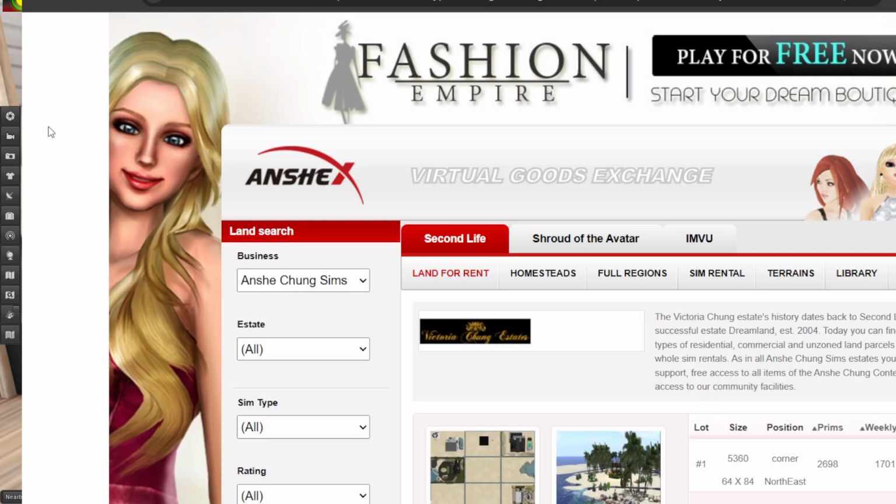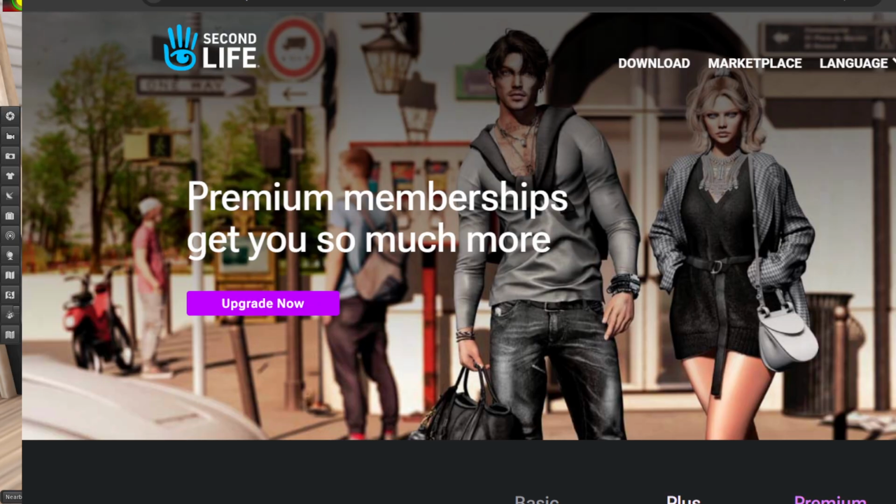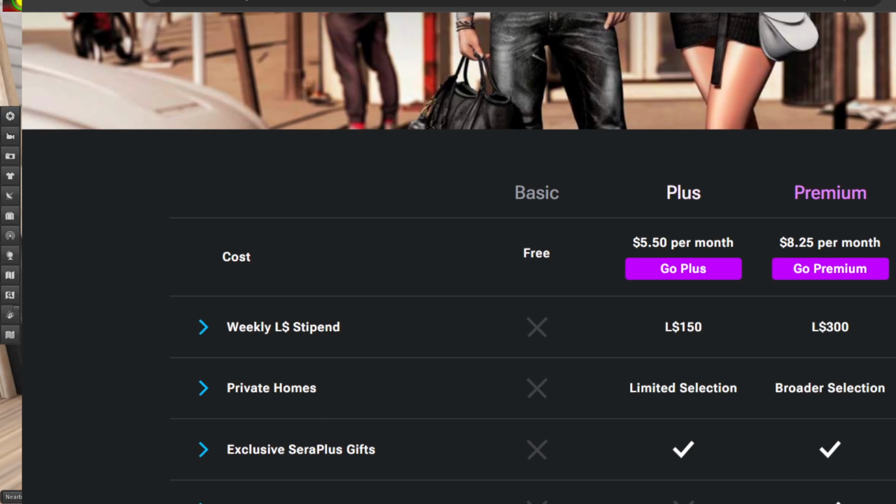So then let's get into our memberships so I can talk about the rest of it. This is the actual page for Second Life that talks about premium memberships. Let's look at this first. There are basically four different levels. Right now you can't see my cursor. Dang it. Oh yeah, you can see it.